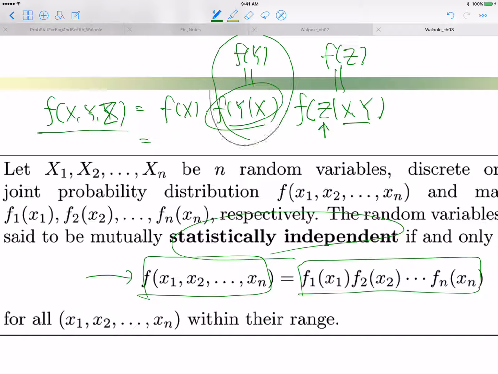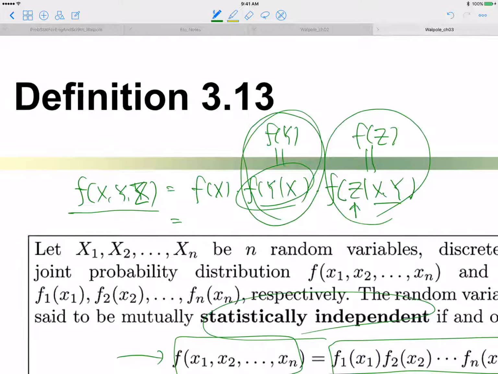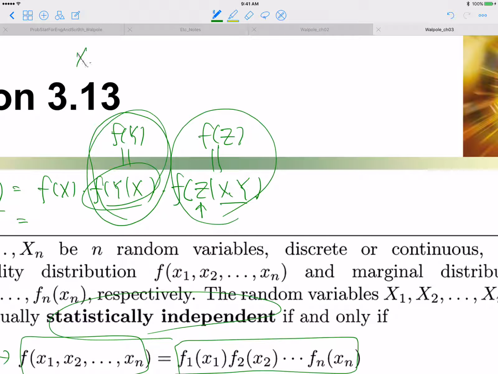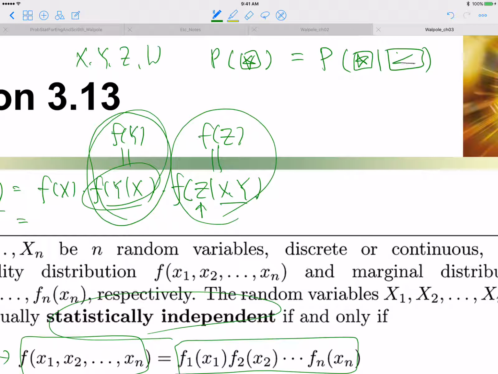When satisfying these values, and also when we have x, y, z, w, or even more variables, if they are all statistically independent, then this equation should always be true. Okay, so this is a star, and this is maybe a triangle.